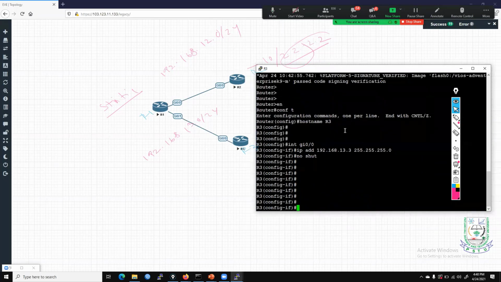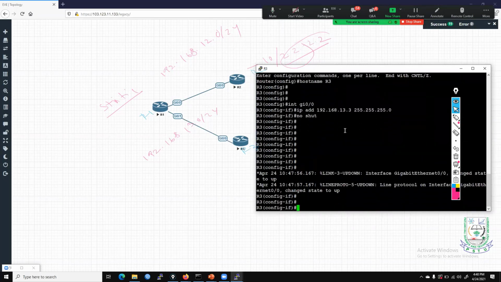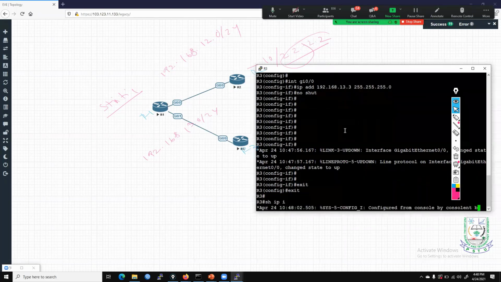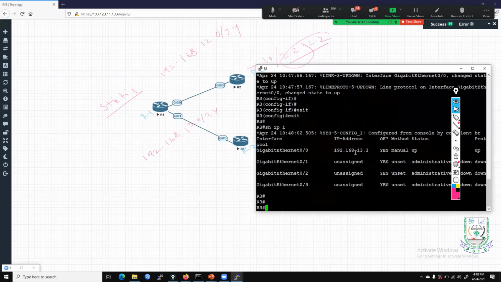That is our R3 configuration, right? If we now check the interface IPs, now see the 13.3 IP is set on the interface gig 0/0.